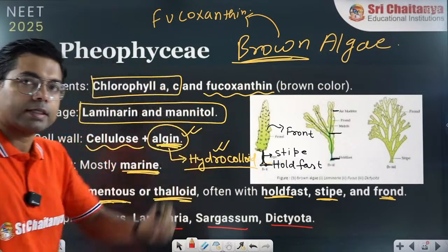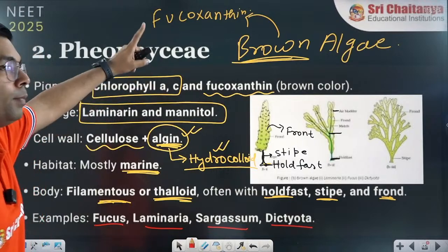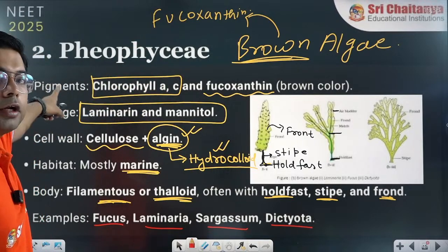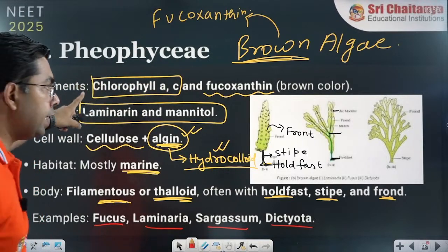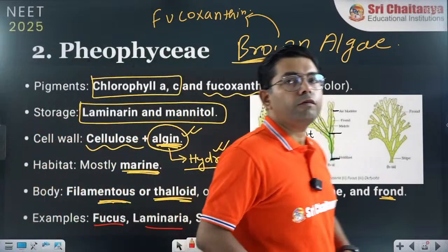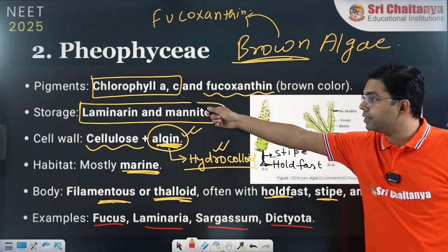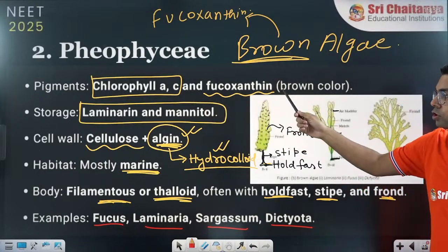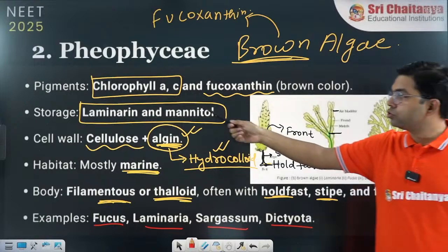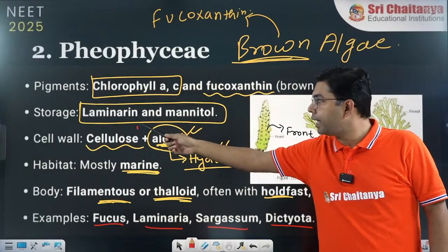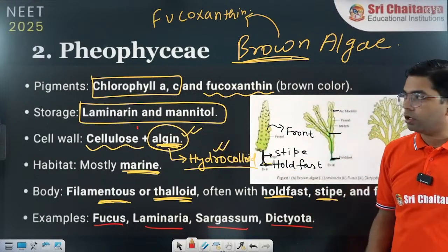So once again, if I summarize brown algae, brown algae is also called Phaeophyceae. Pigments present are chlorophyll A and C. Why is it brown? Because of fucoxanthin. Stored food material is laminarin and mannitol.